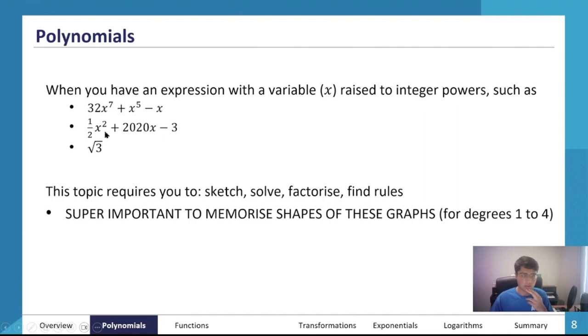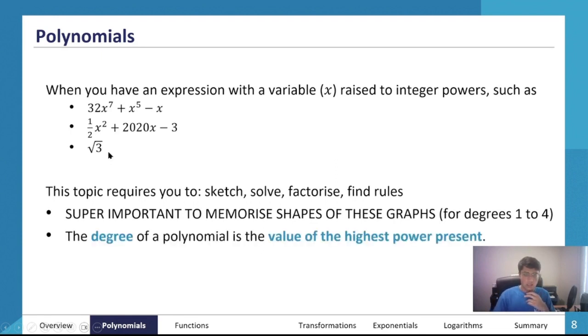In the second example, we can see the highest power is 2, so the degree of this polynomial is 2. And in this case, the highest power is actually 0. If you can imagine an x to the 0 tacked onto this root 3, that would still technically be a polynomial. So in this case, it's a polynomial of degree 0. Okay, so yeah, value of the highest power present.